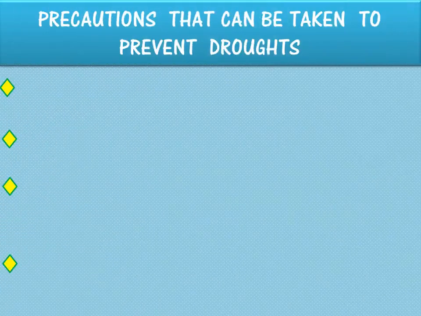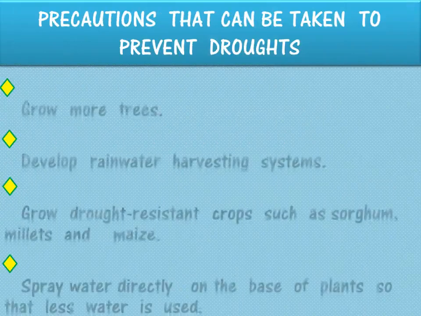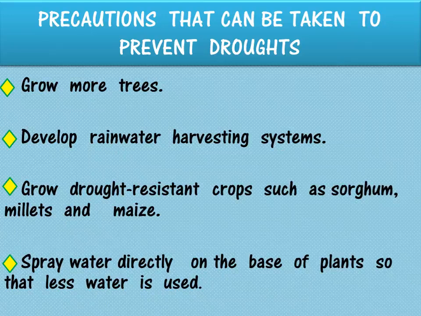Children, after learning about droughts and their causes, let us learn how to prevent droughts in a place or region. You know, children, in our country there are many places, especially Gujarat and Rajasthan, where droughts occur.